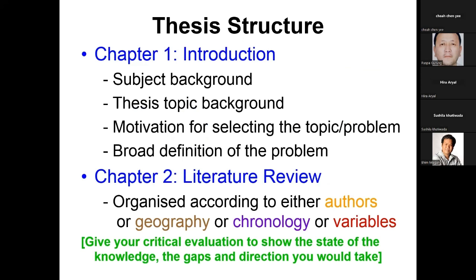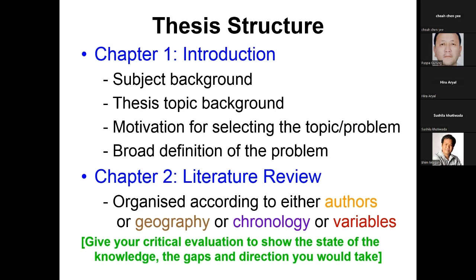Then chapter one, introduction: subject background, thesis topic background, motivation for selecting the topic or the problems, and broad definitions of the problem related with the introduction chapter. Sometimes we have seen that in some universities, like Delhi University or Jawaharlal Nehru University, the literature review comes under the introduction part, that is, chapter one.